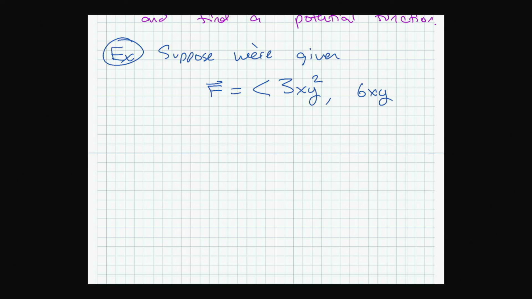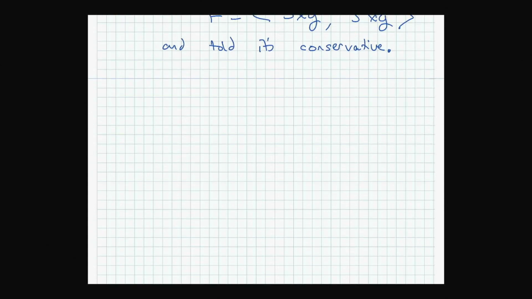If I take the derivative of that with respect to x, I just get 6y. Is that going to work? Yeah, that's going to work. It's kind of too easy, but we'll do it anyway. Suppose we're given this and told that it's conservative. We don't have to test it, we're told it. They could ask you, what is the potential function?